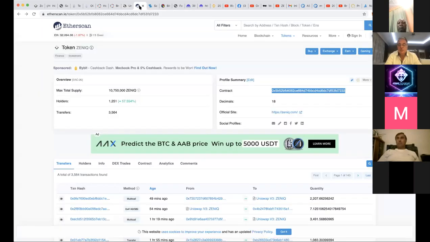And then we can go directly into Etherscan, which is the public ledger for any Ethereum-based token existing. You can find again the contract address, you can find the direct access to the company's website, you can see how many ZENIQ coins are out on the open market, creating the total supply.